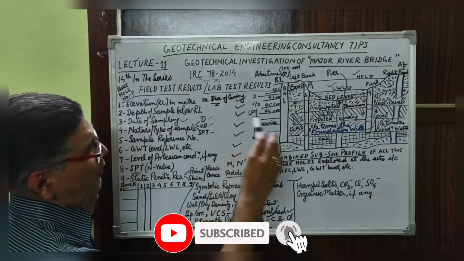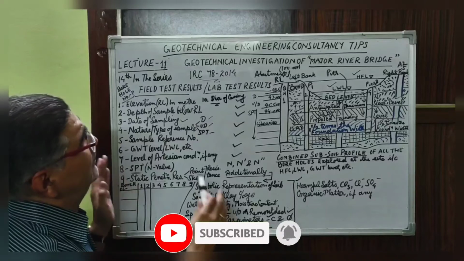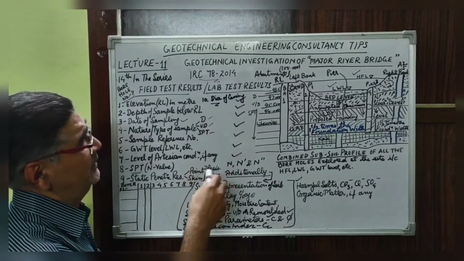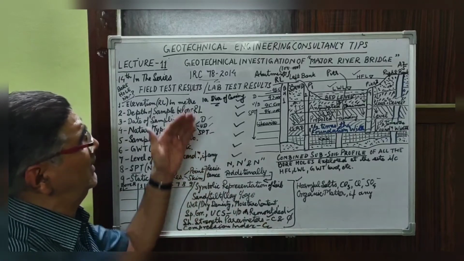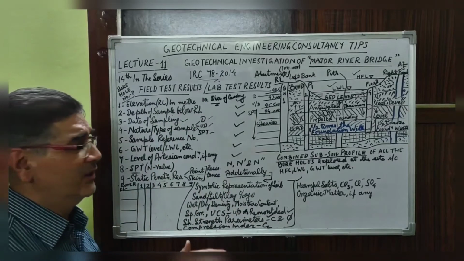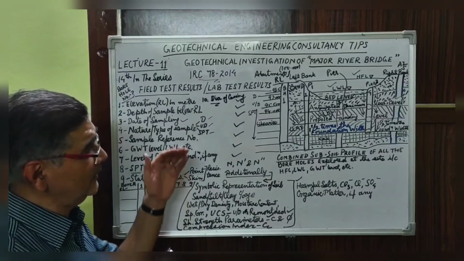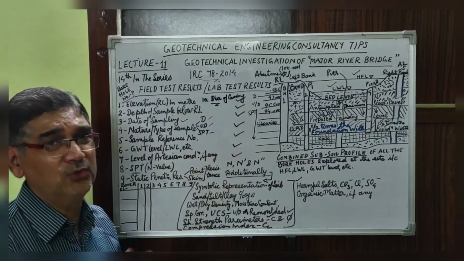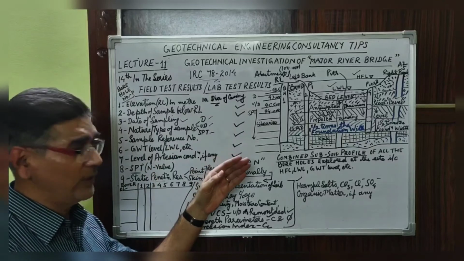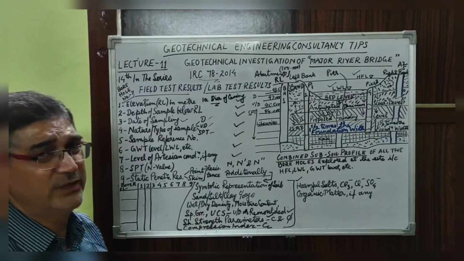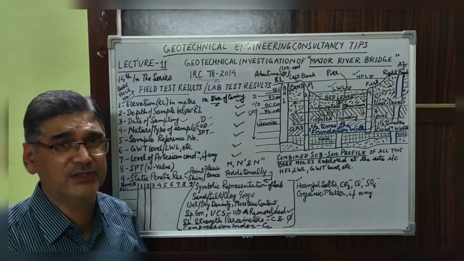Although all these things are being continued till date in the reaffirmed codes, because this code has been revised recently as part 1 and part 2 also. Part 1 is the old one and part 2 is for the limit state method. So that is what I wish to say and explain to you, dear friends, in this lecture of mine.